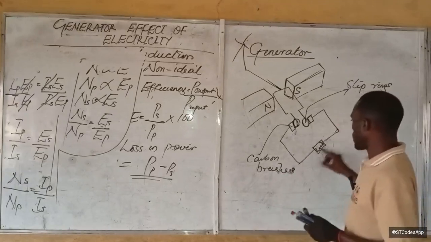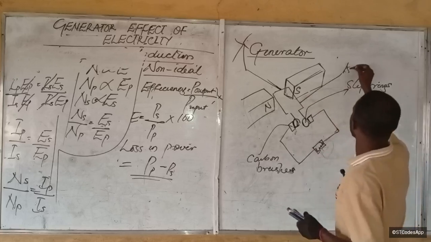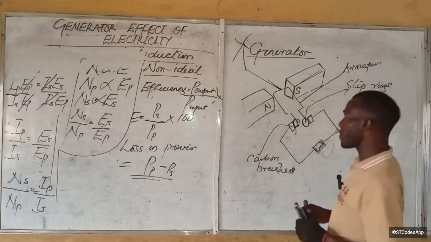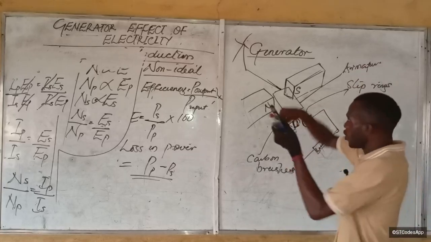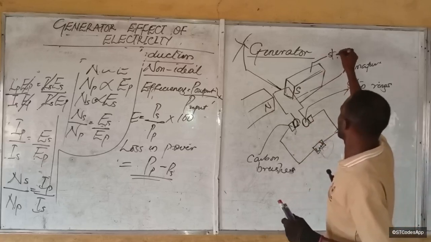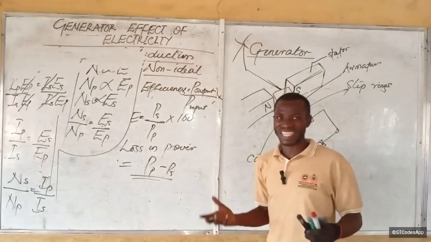These are conductor wires, and these are our load. This is our armature, the part that is rotating. Armatures usually have more than one loop. The magnets are the stationary part, so we call them stators.